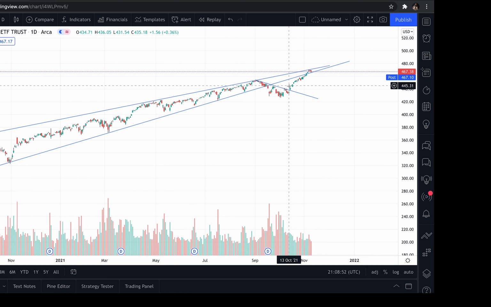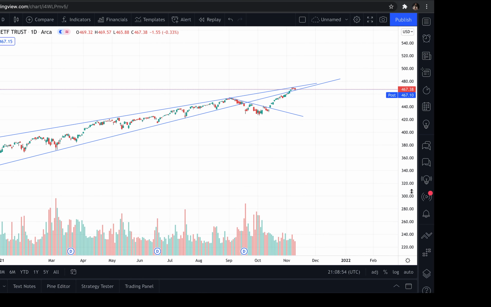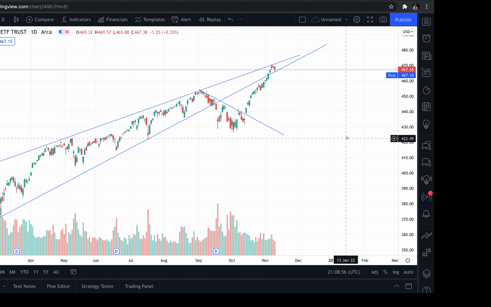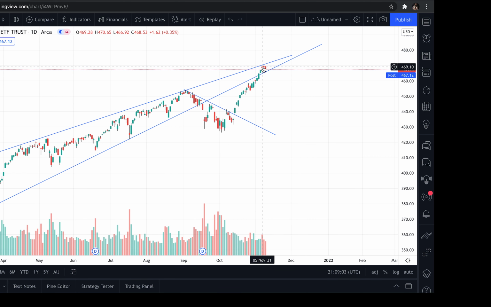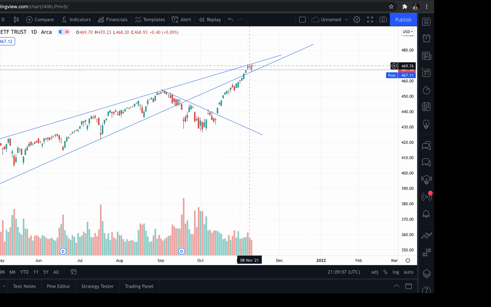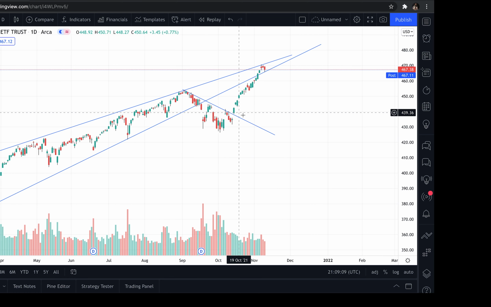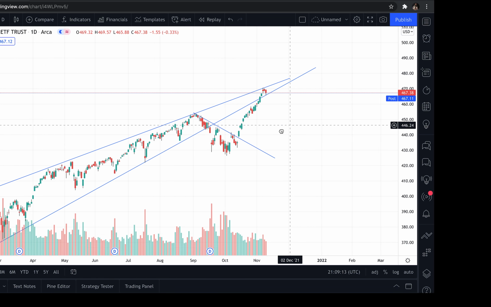If I zoom in, I bet we're going to see multiple touches. Yeah. Multiple touches right here, and then right here. We touched that, if you look on the bottom, on November 5th. We touched it and then we rejected. But, like I said, buyers reclaimed that level, so it's going to be interesting what's going to happen.